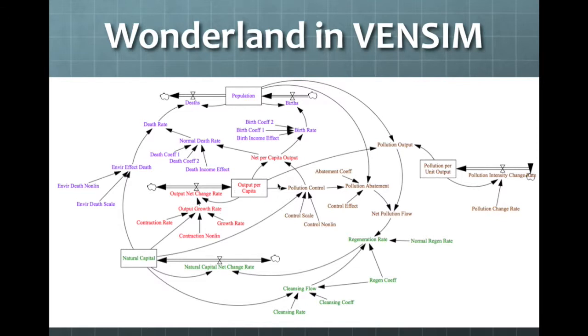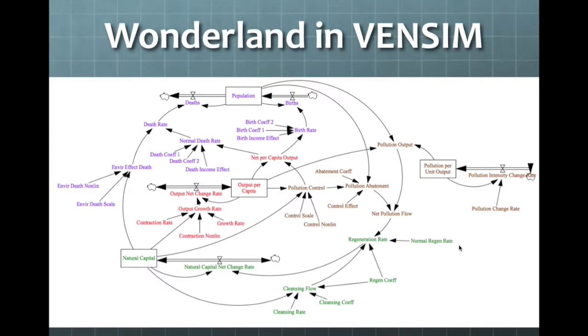The output per capita and pollution feed back into the nature ability to regenerate, which feeds into the natural capital equation. And pollution is driven by a single coefficient here, which I mentioned before. So that's sort of the general structure of the model. All the parameters are here. That's how the information flows.